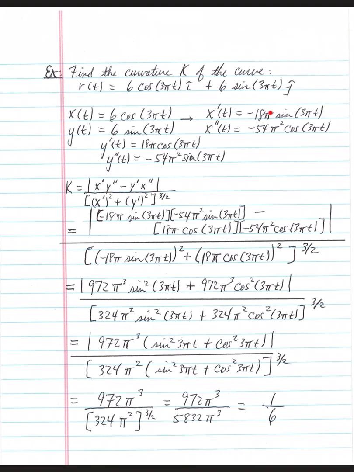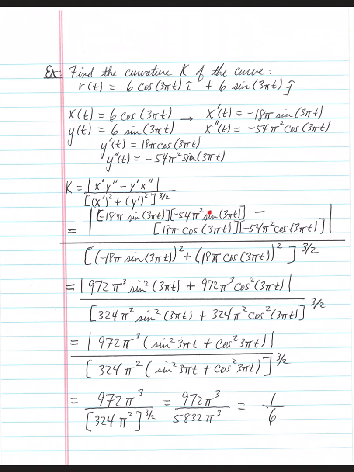Carefully plug in x prime times y double prime minus, and I run out of room, these are very long, y prime times x double prime all over x prime squared plus y prime squared all to the 3 halves. You got to really watch your bookkeeping on these.